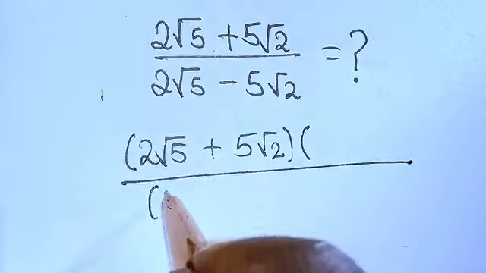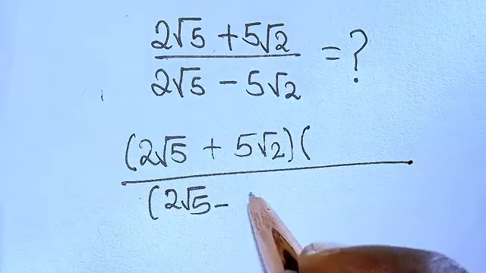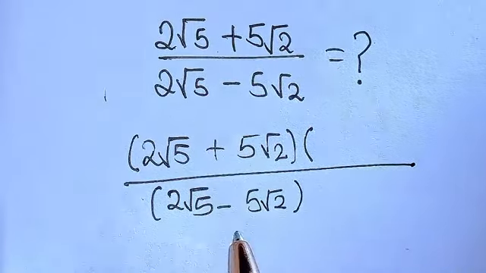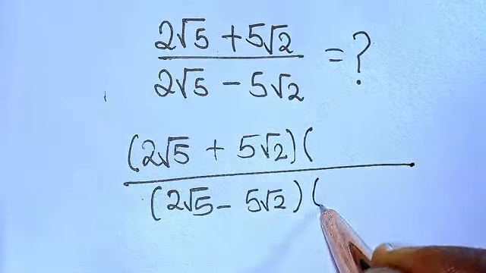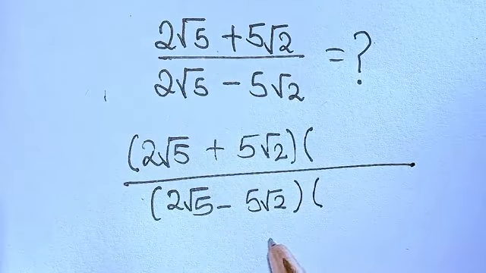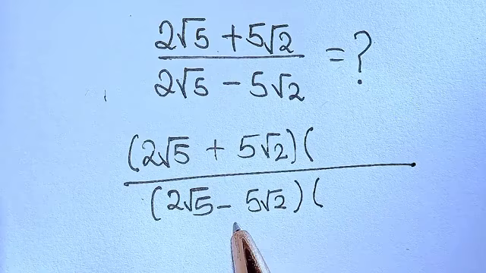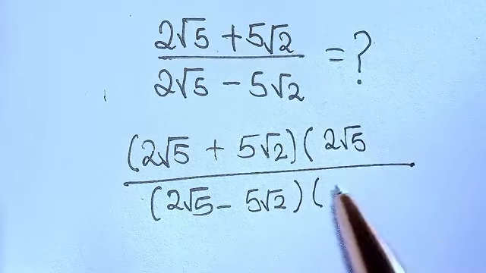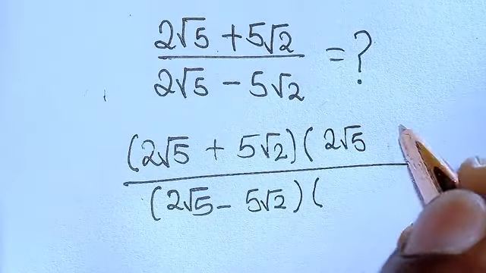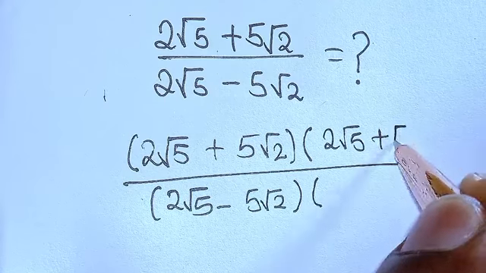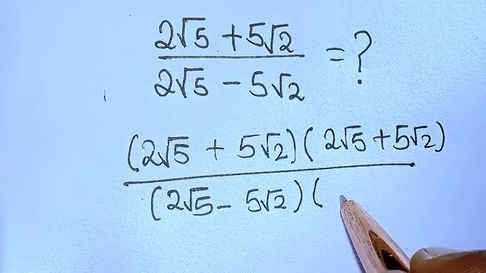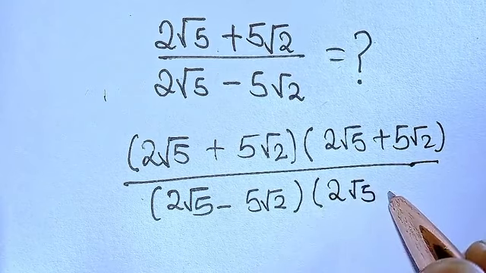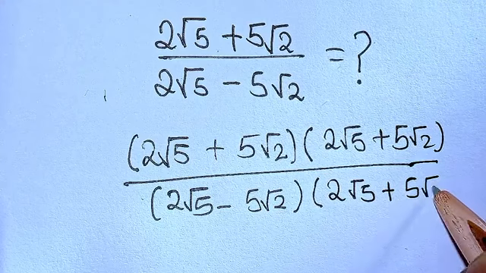So this is 2 root 5 minus 5 root 2, which is what we had at the denominator before, multiplied by the conjugate, 2 root 5 plus 5 root 2. Then we do the same thing to the down part: 2 root 5 plus 5 root 2.